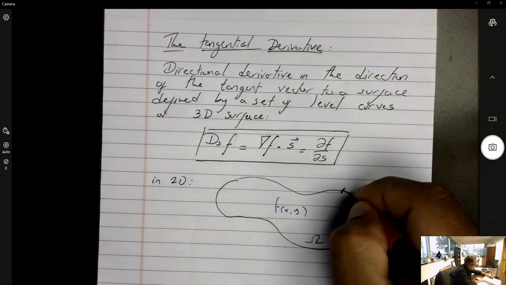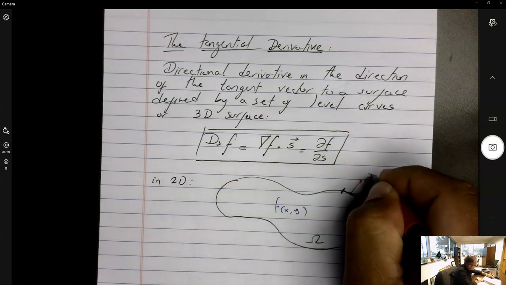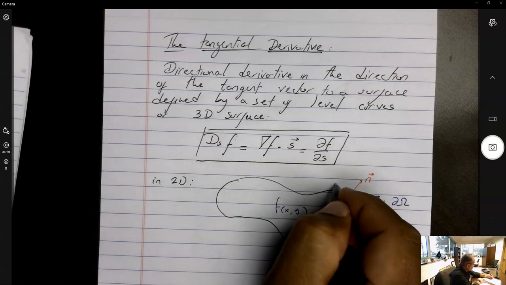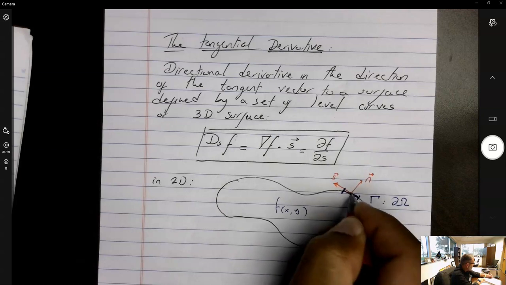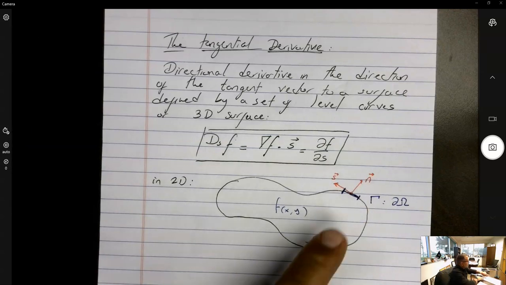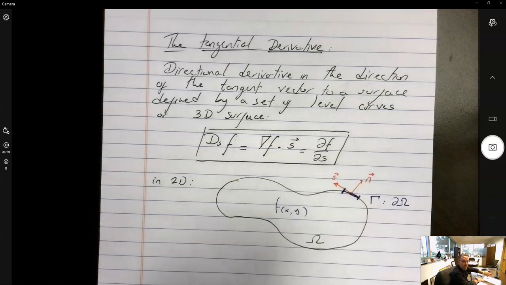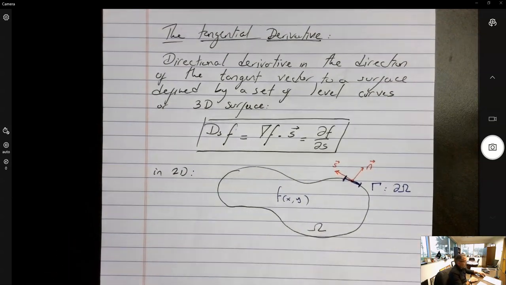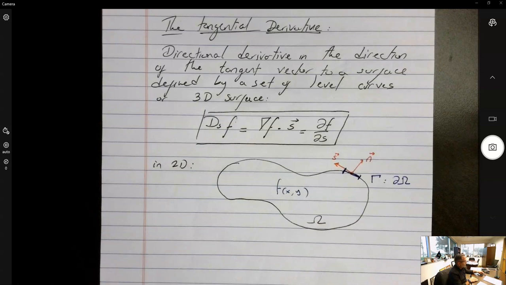The normal derivative at this point, the normal vector will point in that direction, and the tangential vector s will point either in this direction or in the opposite direction. Both are very valid. So you use the right-hand rule to define, well, if the normal vector has to be properly defined pointing out, then the tangential vector has to be pointing, in this case, to the right. So it depends on whether you do this counterclockwise or clockwise, depending on how you actually define the geometry. Okay.